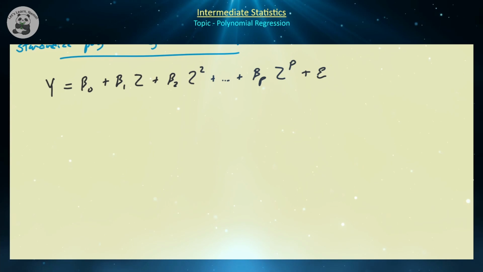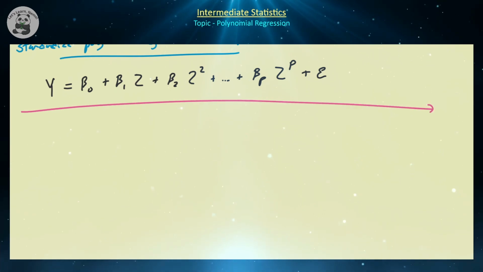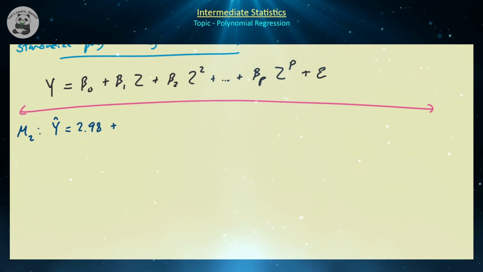Now let's look at the differences and similarities between the original model and the standardized regression model, just to see how we can interpret and see the pros and cons. Let's consider, for example, the quadratic model for the same data that we had before, which, keep in mind, was approximately 2.98 plus 4.90x minus 1.92x squared.